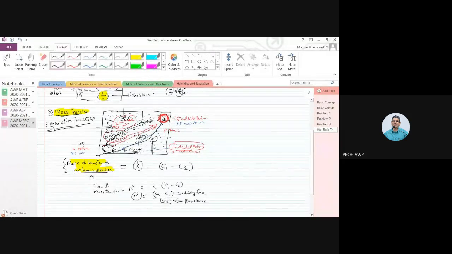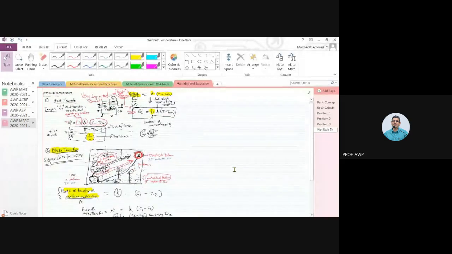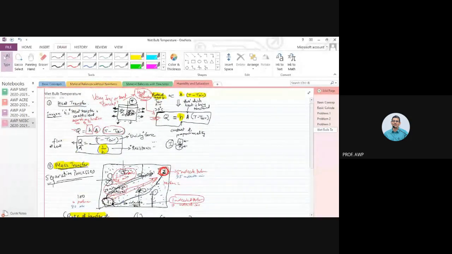Okay, we'll talk more about it in the next semester. In Semester 3, you have a course on momentum and mass transfer. We will talk more about this in the 3rd semester. But right now, I just want you to remember 2 things. Heat transfer and mass transfer are both very similar to each other.